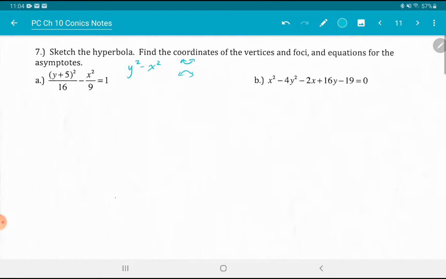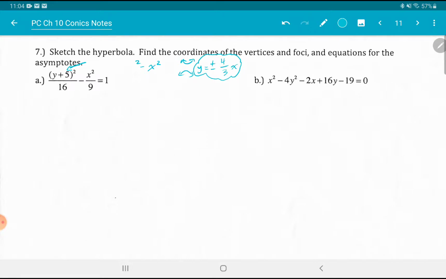That also means my asymptote will be somewhat in the form of a rise of 16, so that's going to be a rise of 4 and a run of 3. So this is somewhat what my asymptote may look like, but I know it's not going to be the case because I do see that there are transformations taking place here.